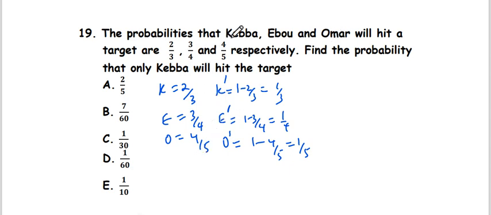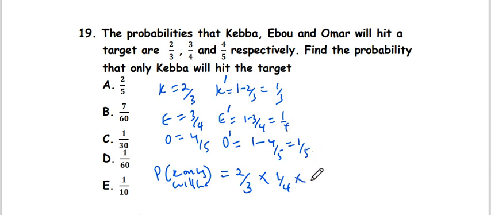So that will be 2 over 3, the probability Keba will hit, times, that means the other 2 will not hit, 1 over 4, Ebu will not hit, times 1 over 5, that means Oma will not hit.